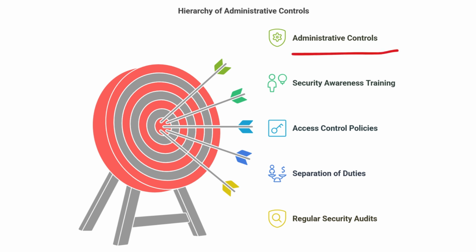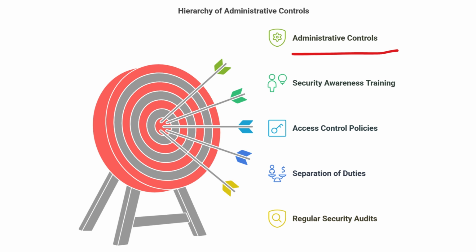So, what are administrative controls? Administrative controls are the policies and procedures that define how access control should be enforced. They focus on human behavior, security awareness, and accountability, ensuring that security measures are used correctly. Think of administrative controls as the rulebook for security.